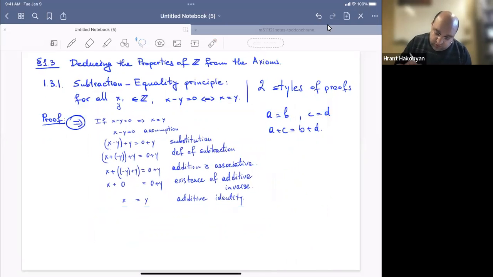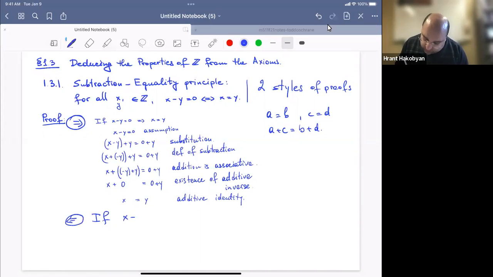So I want to go now in the opposite direction here. I want to say that if x equals y, then x minus y is equal to 0. So this is again our assumption.